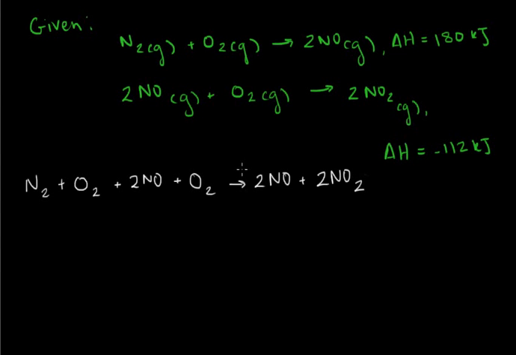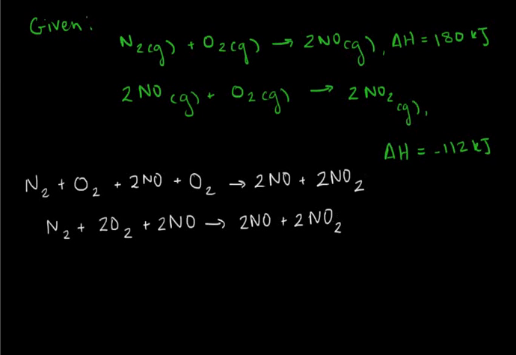Let's do a little bit of combining. We see that we've got 2 individual moles of oxygen gas here, so we can combine that. So we've got N2 plus 2O2 plus 2NO yields 2NO plus 2 nitrogen dioxide.